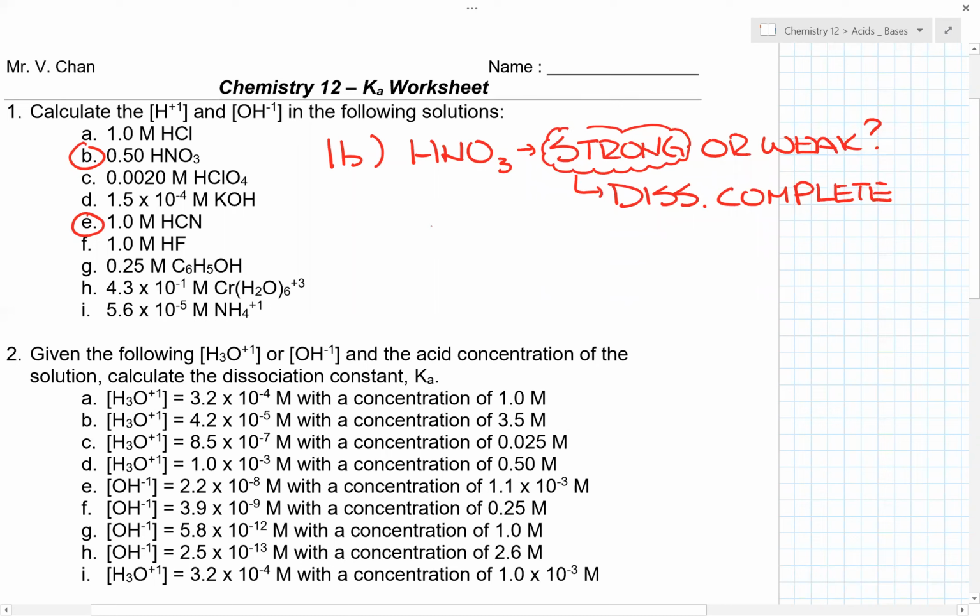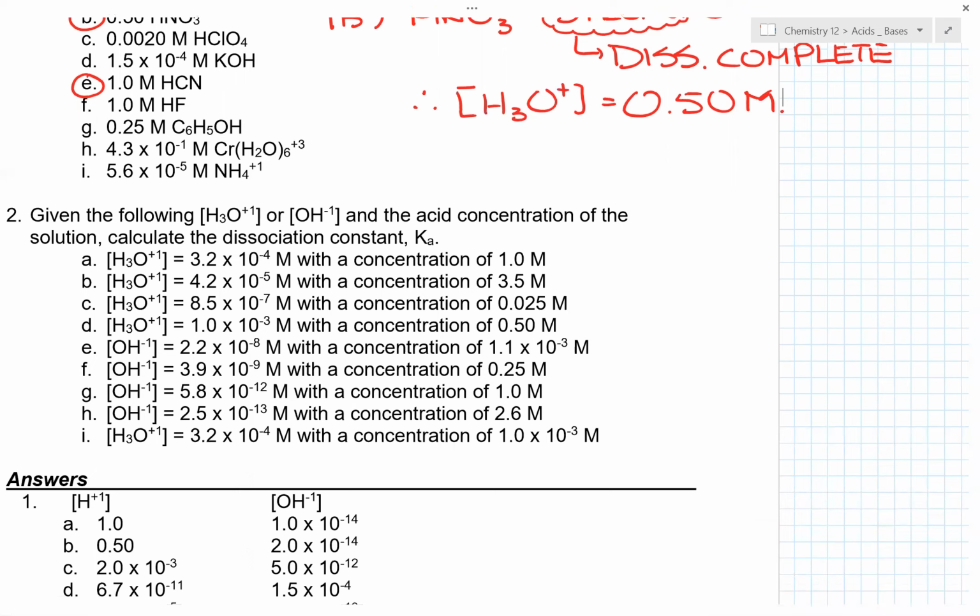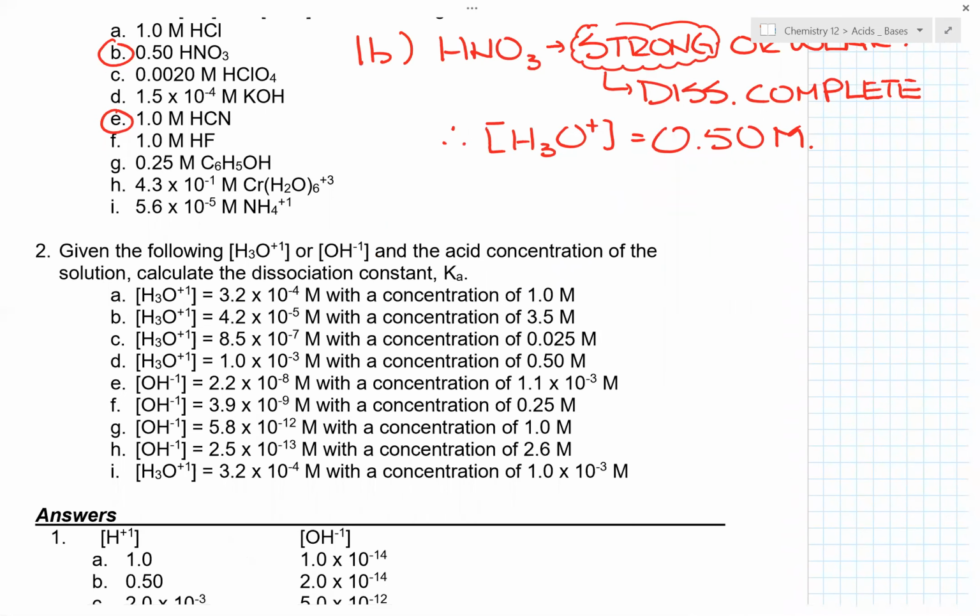Because it dissociates completely, the concentration of H3O plus would be equal to 0.50 molarity. That's how you get the answer for 1B.